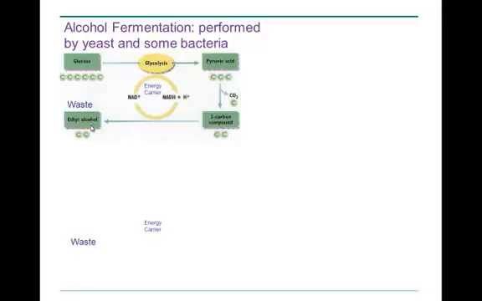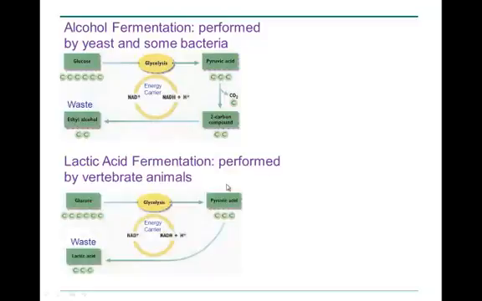Interestingly, that is the same alcohol that is in beer and wine. This is booze. And so yeast, this is brewer's yeast, will do this and produce this alcohol. And it's very noteworthy that it is, in fact, a toxic waste product that is being produced.